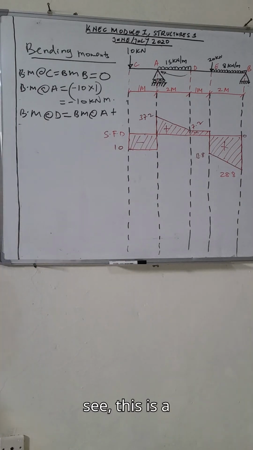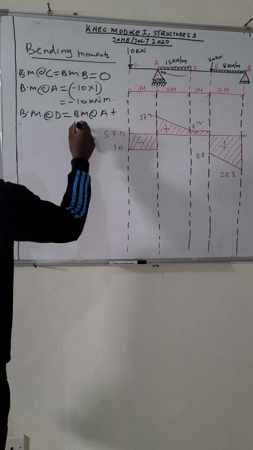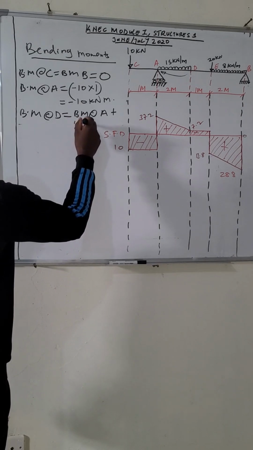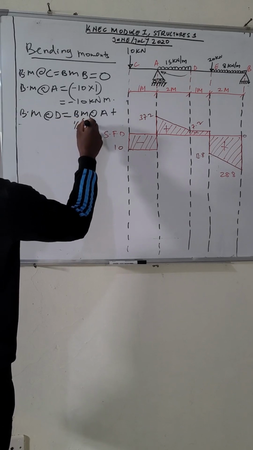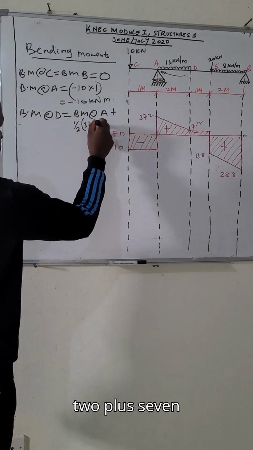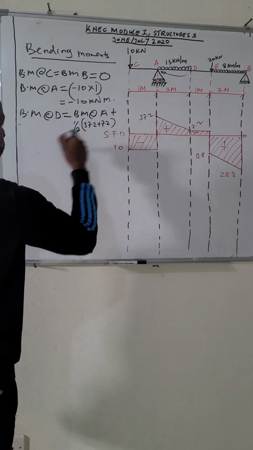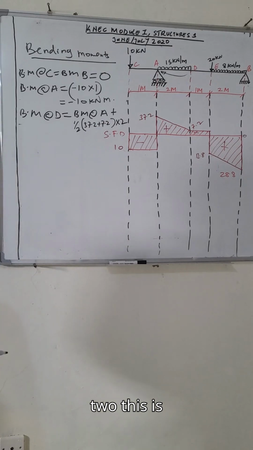As you can see, this is a trapezium, so it will be a half into brackets 7.2 plus 7.2 multiplied by the h, 2. This is the h from here to here.